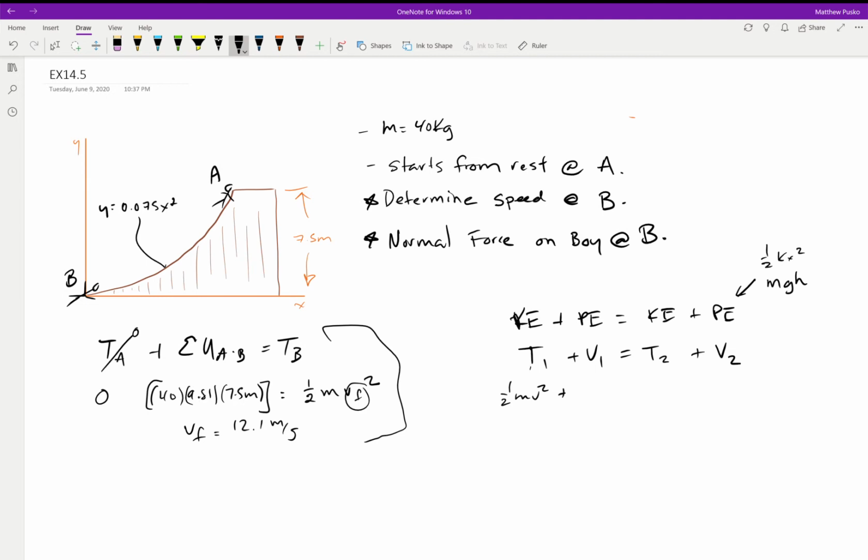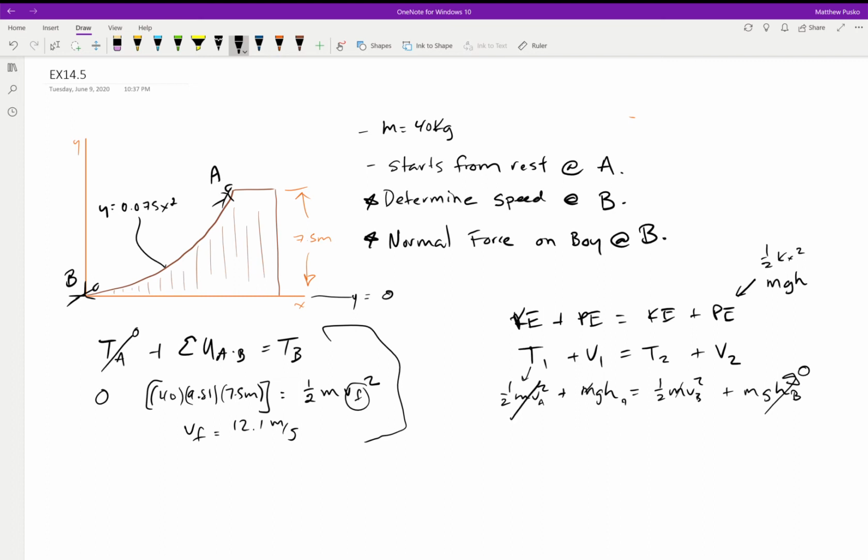So our kinetic is always 1/2 mv squared. Our potential would be some mgh at 1, or A in this case. And it would end up being some new 1/2 mv squared at B plus some mgh at B, where if we set this to 0, then this term goes away because its final comes down to a final position of 0, and it started from rest, so that term goes away.